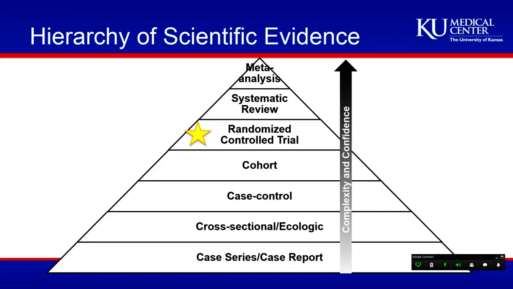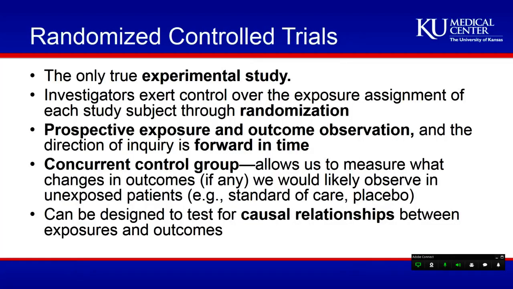So again, all we're doing is increasing the risk of bias as we move down by removing some protections. And finally, cross-sectional and ecological actually removes the aspect of time altogether, because we don't know whether the exposure immediately preceded the outcome, if it preceded the outcome a long time ago, or if it even preceded the outcome at all. It could have actually happened after the outcome of interest. We just don't have a way of verifying that.